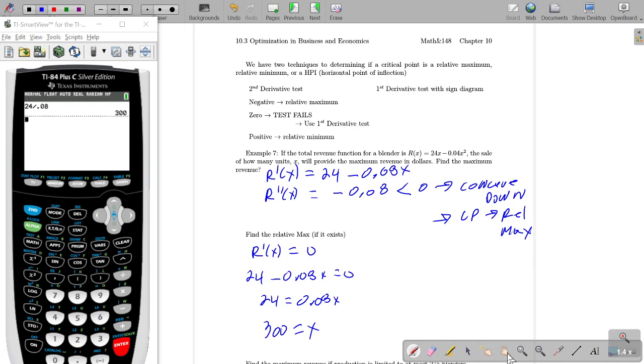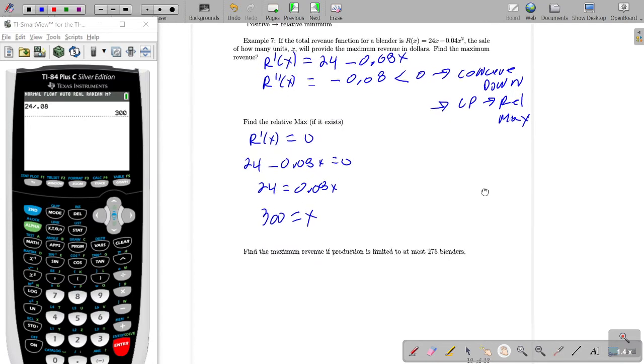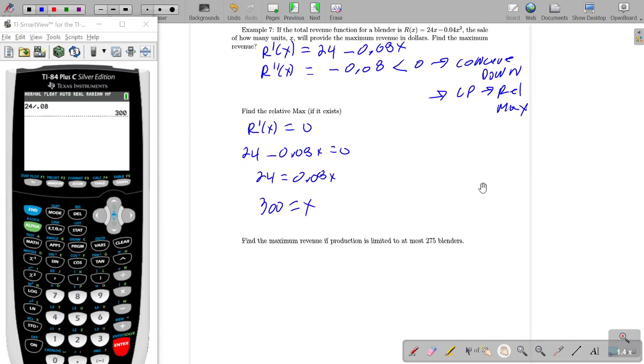So to maximize the revenue, 300 units should be produced. So if I did r of 300, I'm going to get 24 times 300 minus 0.04 times 300 squared.